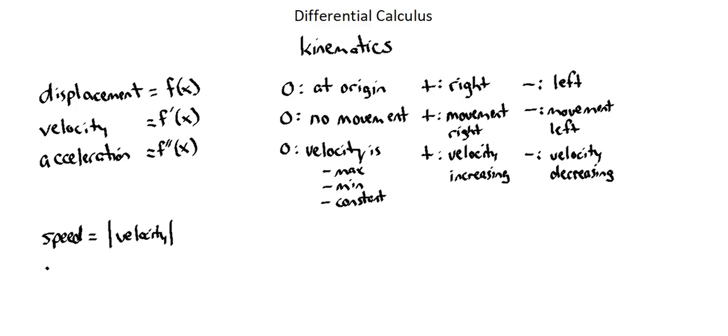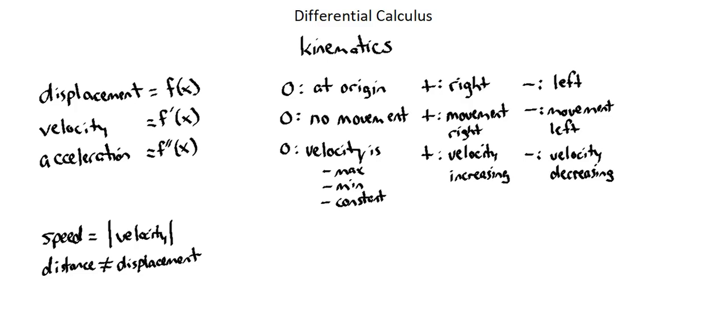And distance is not the same as displacement. We might need to calculate distance, and we'll do addition based on the interpretation of our functions as well as some diagramming that we're going to do.